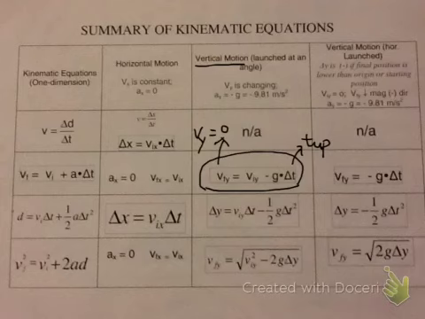Therefore, we can use our initial velocity y, which was 6.1 meters per second, and you know already the value of gravity, which is 9.81, or 10 meters per second squared for simplicity. Then we will be able to know this value of delta t.